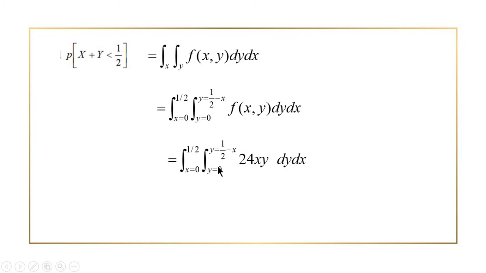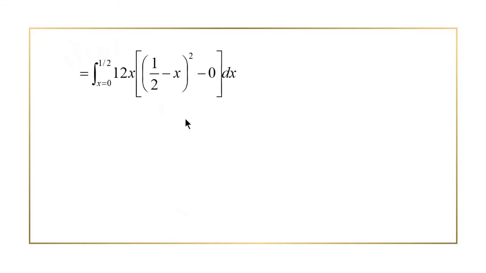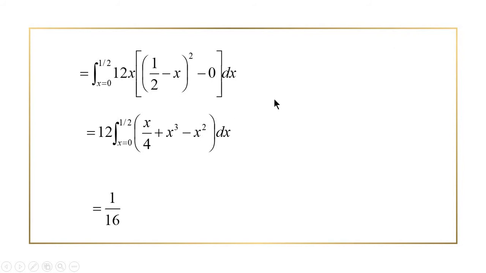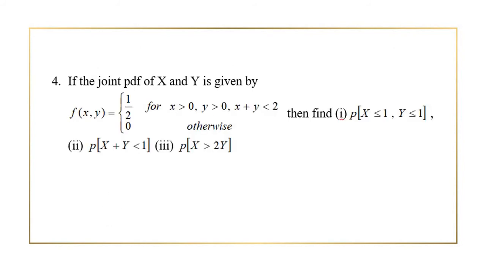Since y is equal to 0 to 1 by 2 minus x, we have to integrate with respect to y first and then with respect to x. After integrating with respect to y first and substituting the limits, you will get a single variable. You can now use a calculator to find the answer, which is 1 by 16.